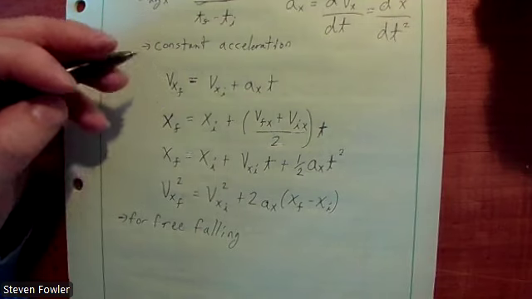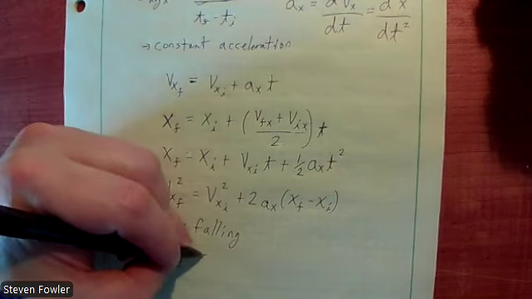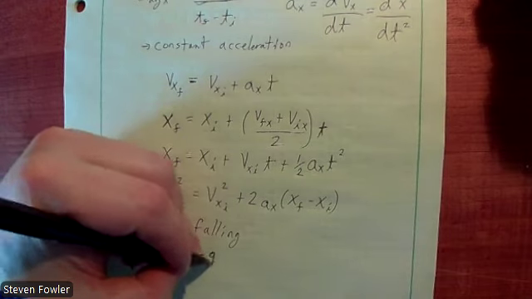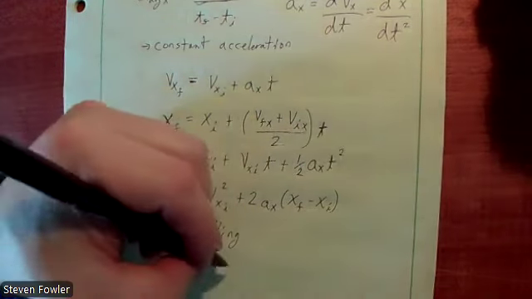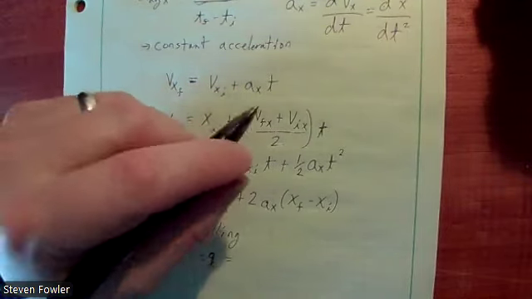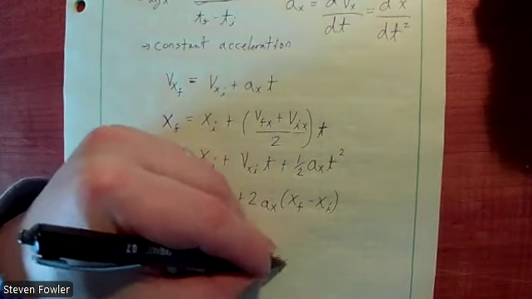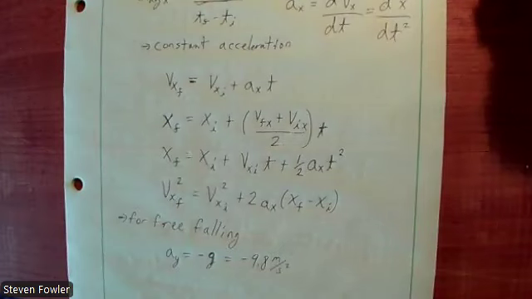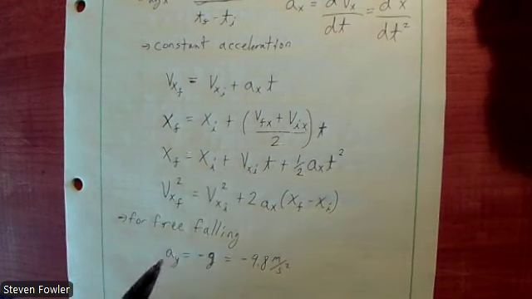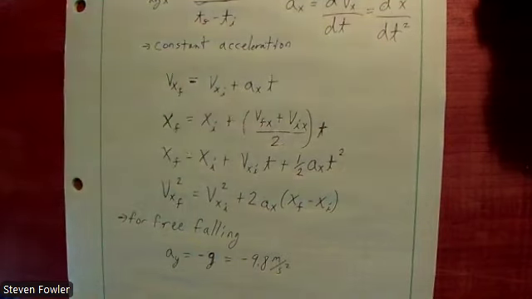We're talking about a constant acceleration in the y direction, which is equal to minus g, minus the acceleration of gravity, being in the down direction, which would be 9.8 meters per second squared in the down direction. So again, let's just change all the x's to y's whenever I'm talking about motion in the y direction with constant acceleration, and I just plug in the appropriate value of g.